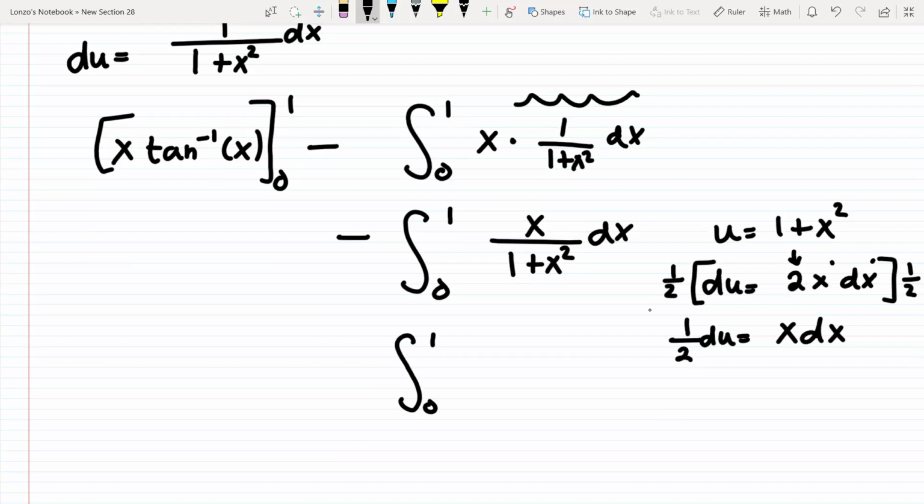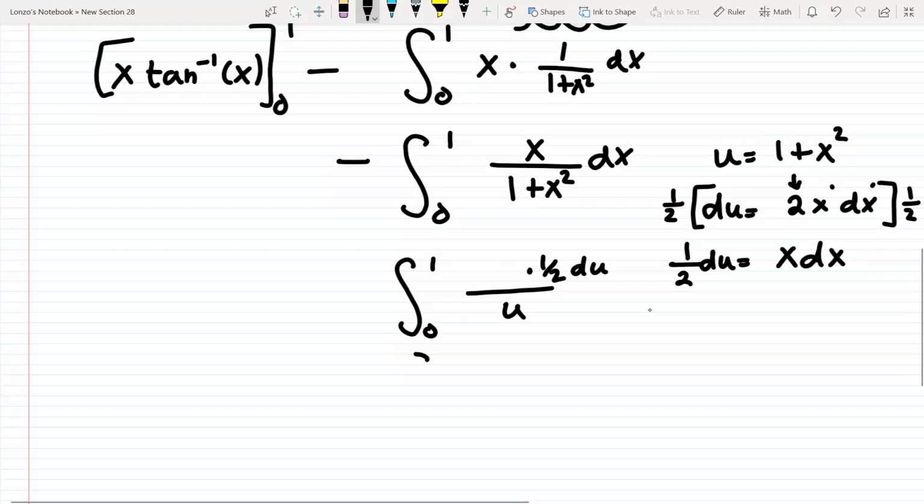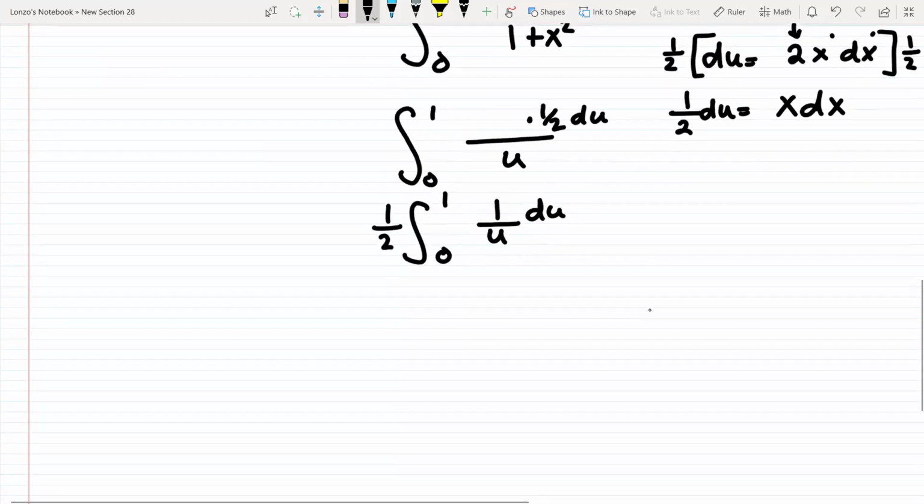So 1 plus x squared is u, and you can replace x dx with 1/2 du. 1/2 is a constant, so take it out if you like. Then you have 0 to 1, and 1 over u du. What is the integration of 1 over u?